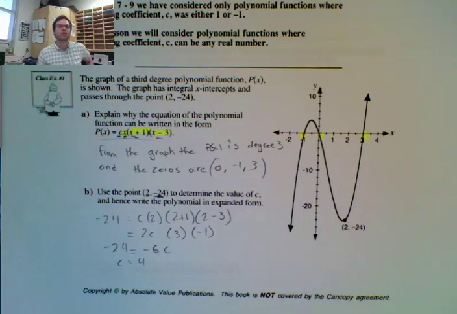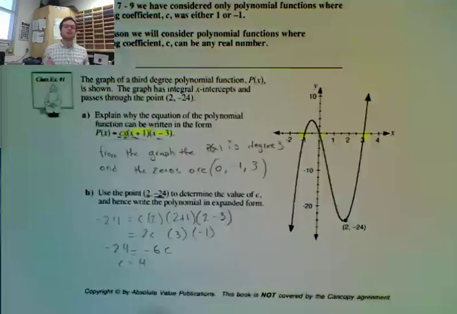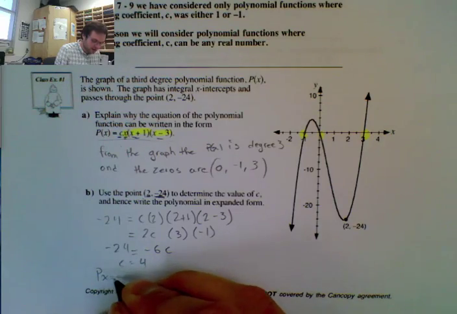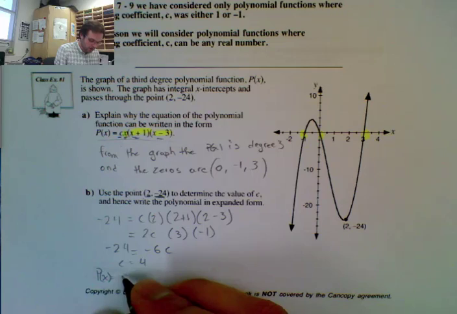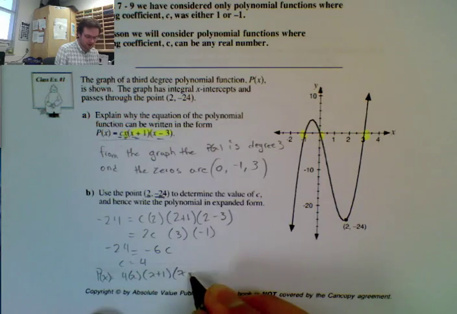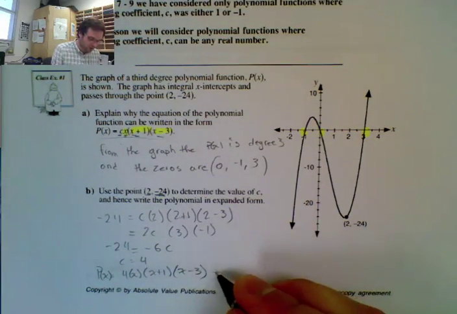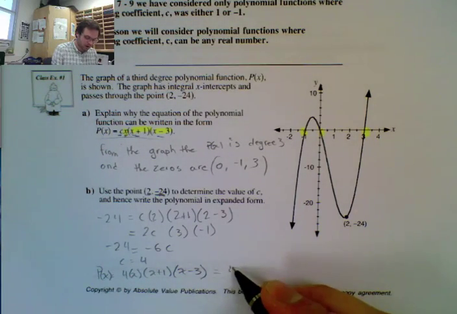Okay? So now we're going to figure out what my polynomial function is by plugging 4 back into c. So we know p of x is equal to 4x times x plus 1 times x minus 3. So now I'm going to expand this out. It's in factored form, so I'm going to expand that out. First we're going to leave 4x here.